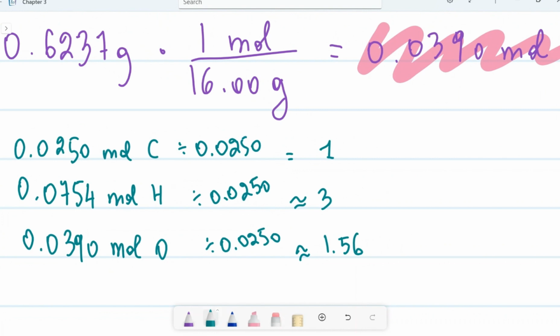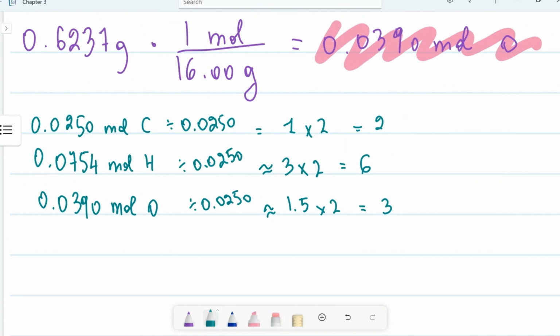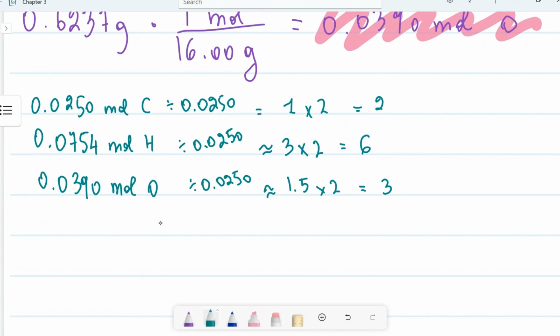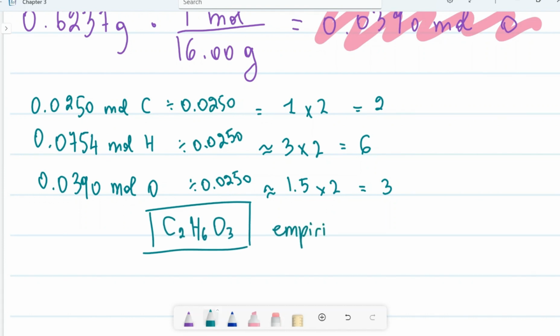As I mentioned before, whenever you have a 1.5, multiply everything by 2. So 1 times 2 is 2, 3 times 2 is 6, 1.5 times 2 is 3. We use these numbers to write the empirical formula, which ends up being C2H6O3. This is our empirical formula.